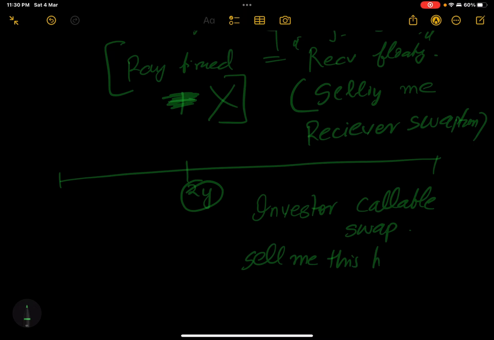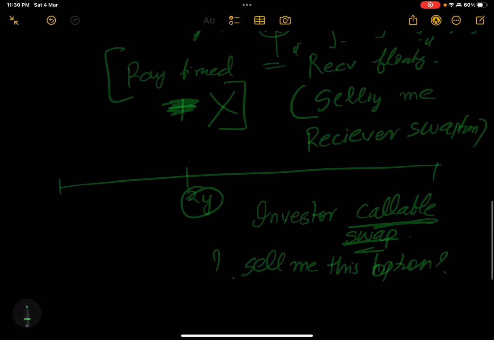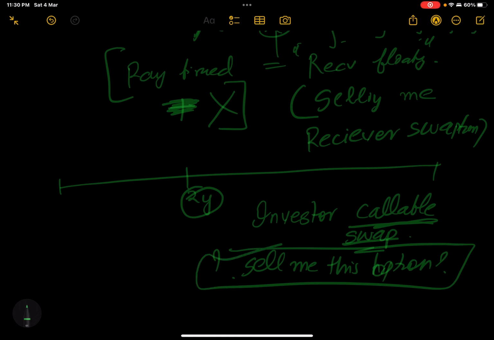How? He will sell me this option by having just this condition. If it's callable, it is given that he is selling me this receiver swaption and I am buying this. That's why I am able to pay a higher coupon.